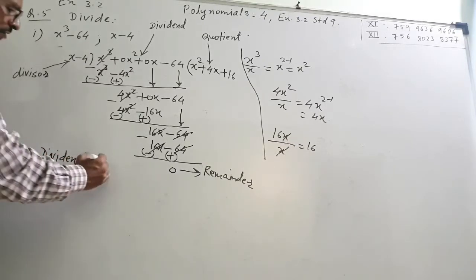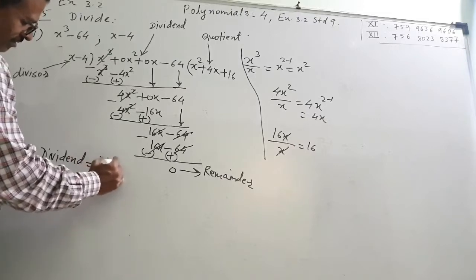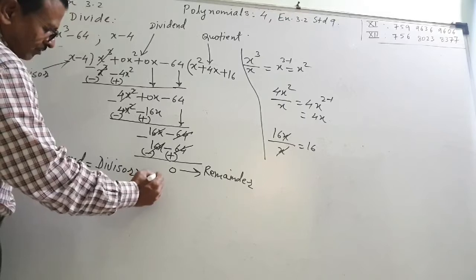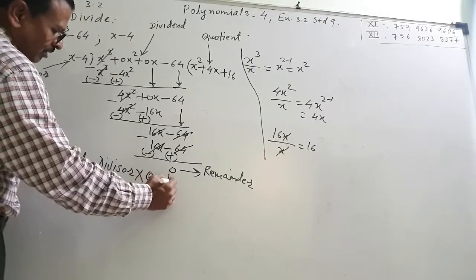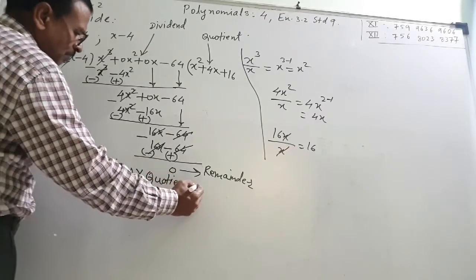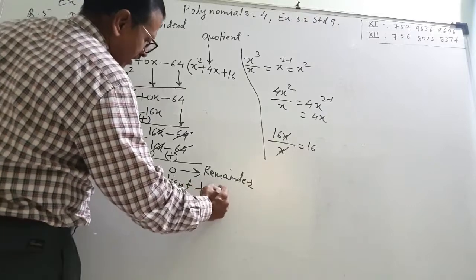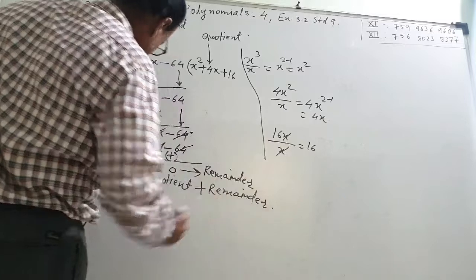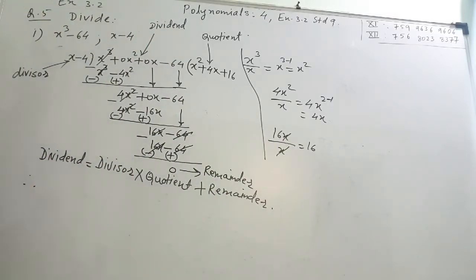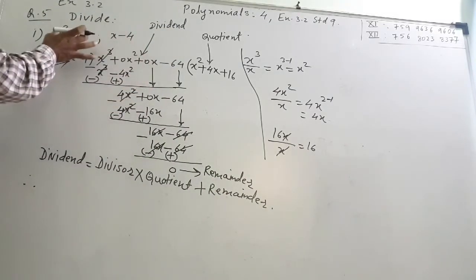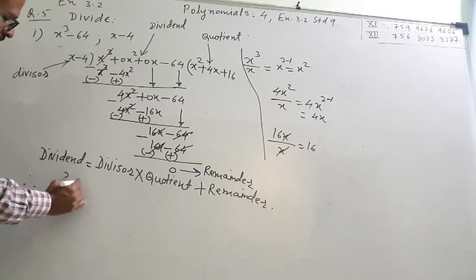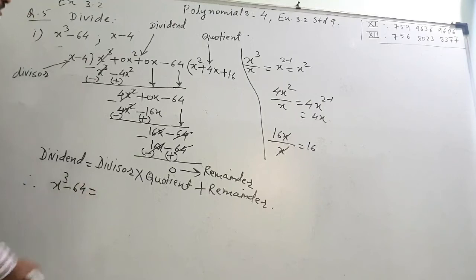Therefore, dividend is this part, x cube minus 64, is equal to divisor.